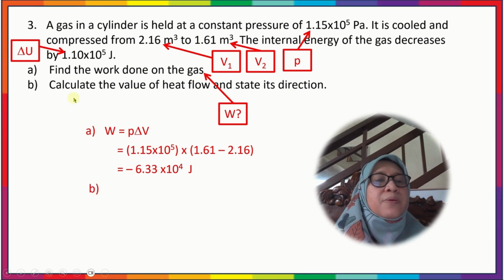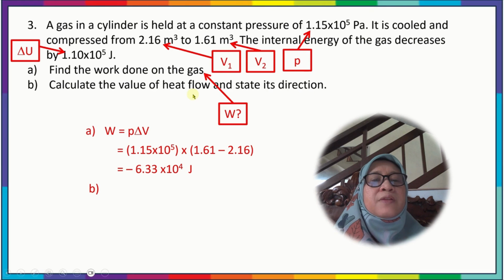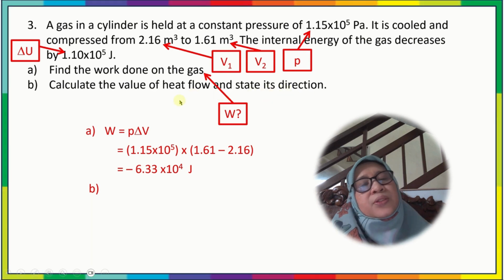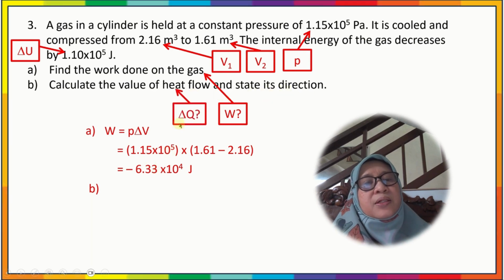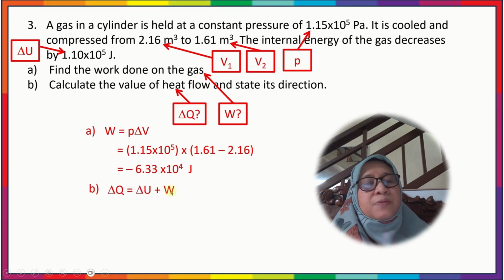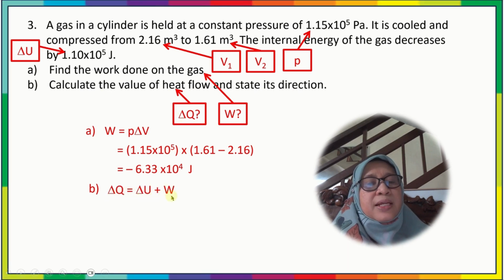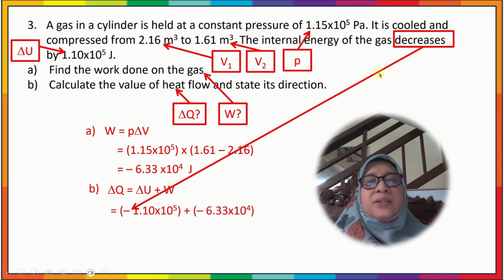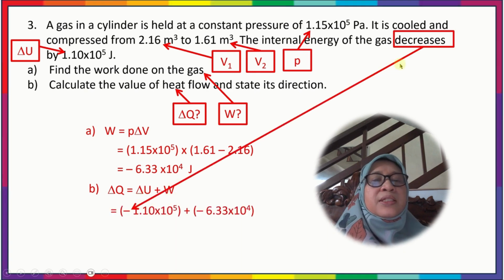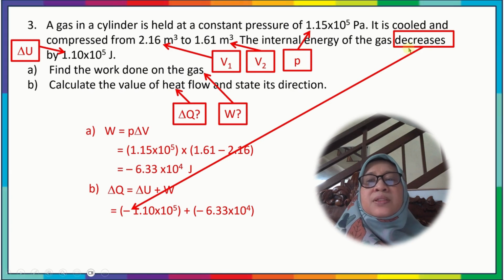Okay, for question B, calculate the value of heat flow and state its direction. So for the heat flow we use the first law of thermodynamics. So delta Q equals delta U plus work done. Okay? So the delta U, or change in internal energy, is negative because it decreases.